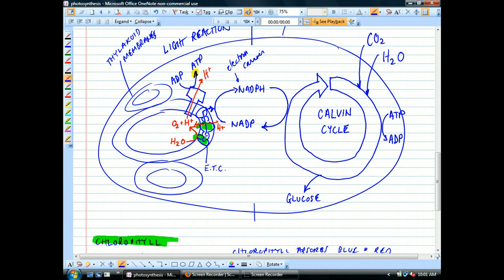In the Krebs cycle, ATP is produced. In the Calvin cycle, it is consumed. Now, hang on. That sounds horrible. Listen. In the Calvin cycle, ATP is actually used up.